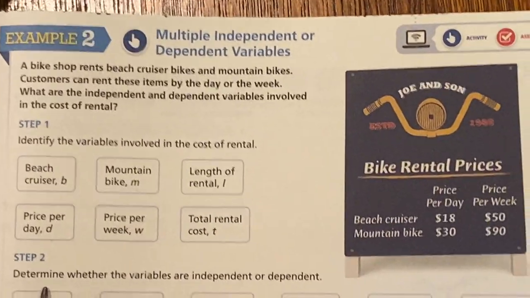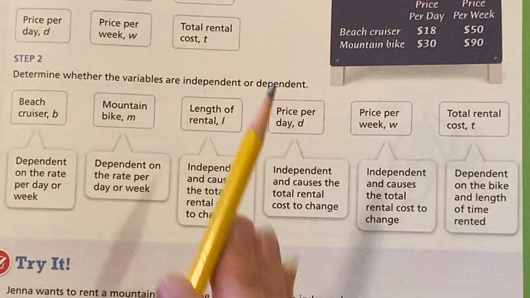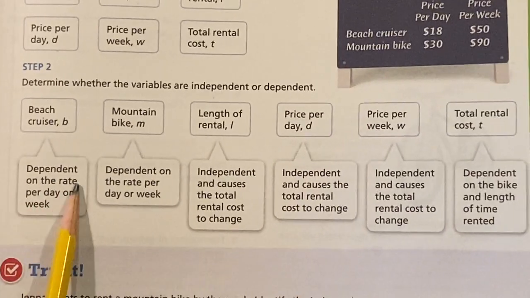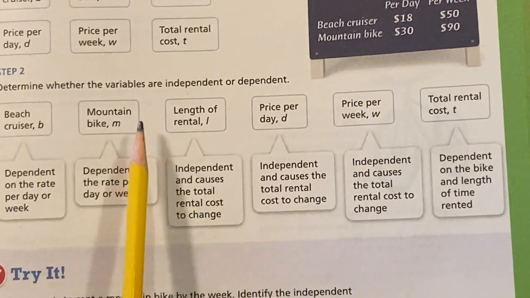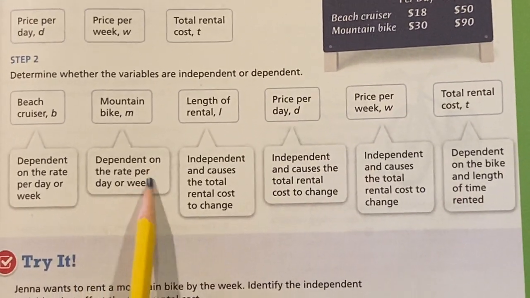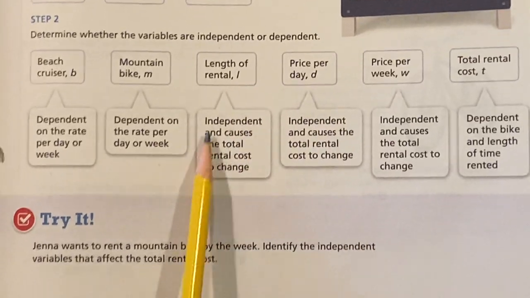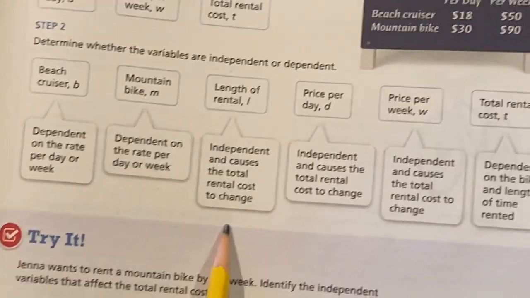Now, determine whether the variables are independent or dependent. So the beach cruiser, the cost would be dependent on the rate per day or per week. The mountain bike, well, that depends on the rate per day or week also. The length of the rental, this is independent and causes the total rental cost to change.